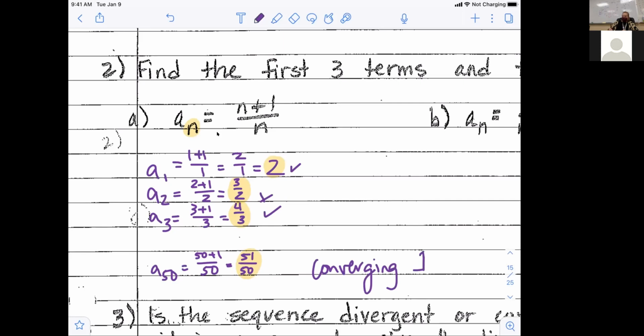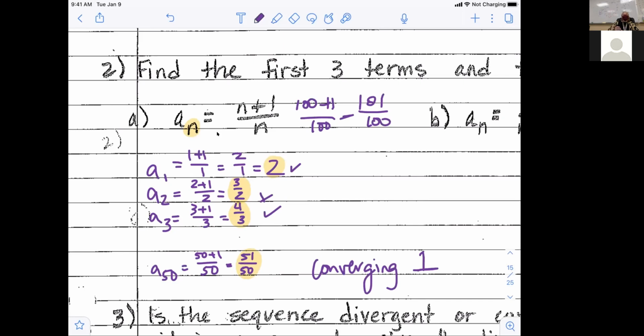Can I get a number smaller than 1 if I plug in a different number for n? Brooke said, yeah, with a question mark, and then was like, no. Well, let's think about it. Let me plug in a big number. What if I have 100 plus 1 over 100? Well, 100 plus 1 is going to be 101 over 100. Is that smaller than 1?